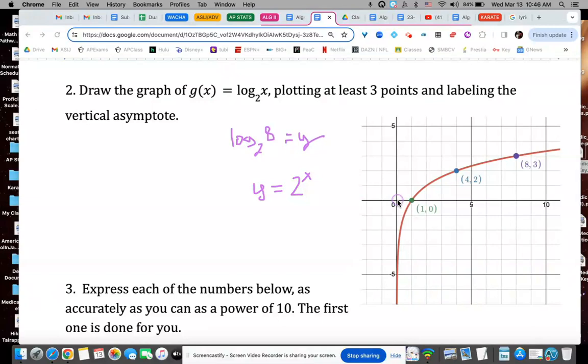I would be going, 2 to the 0 power would be 1, 2 to the first power would be 2, 2 to the second power would be 4, 2 to the third power would be 8, right? And you'd see that this 2^x, this exponential with an asymptote on the x-axis, would be the inverse of this logarithm.